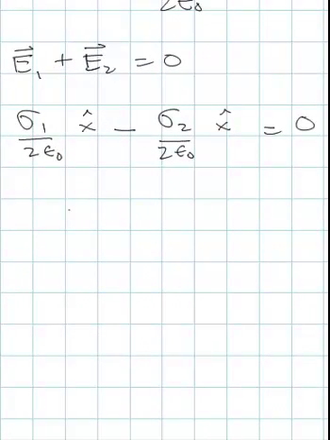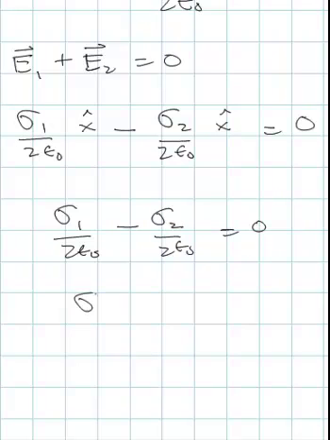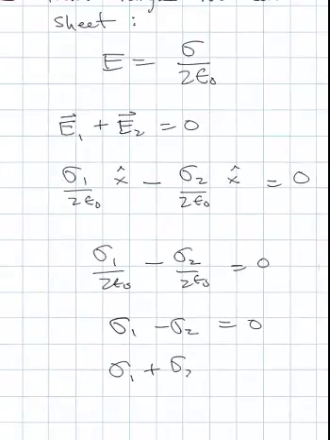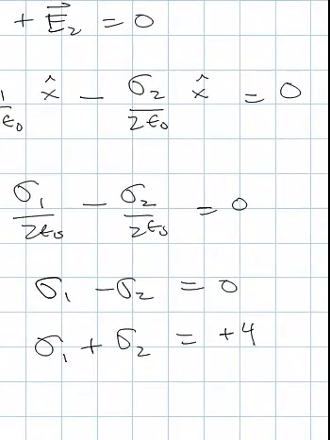So that means that sigma 1 over 2 epsilon naught minus sigma 2 over 2 epsilon naught has to equal 0, which means sigma 1 minus sigma 2 has to equal 0. That's one of my equations. And the other equation I already had written down, that was equation 1 up above. That was that sigma 1 plus sigma 2 had to equal 4.